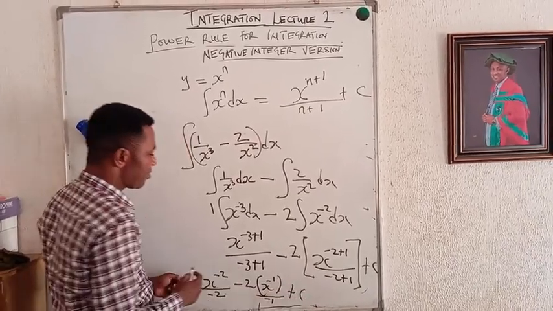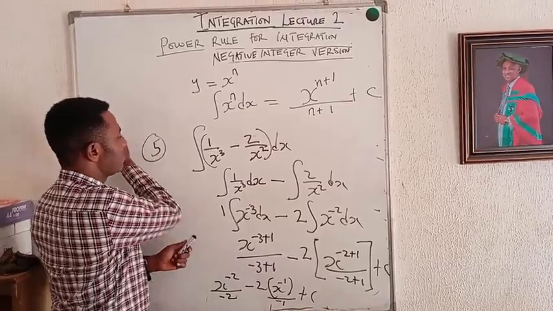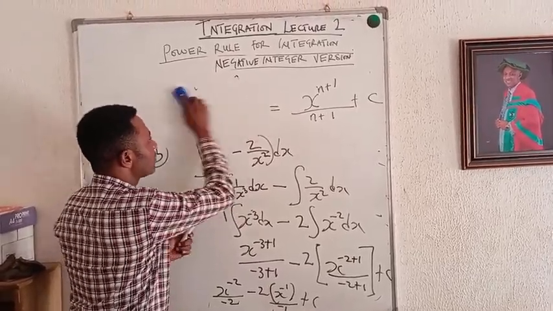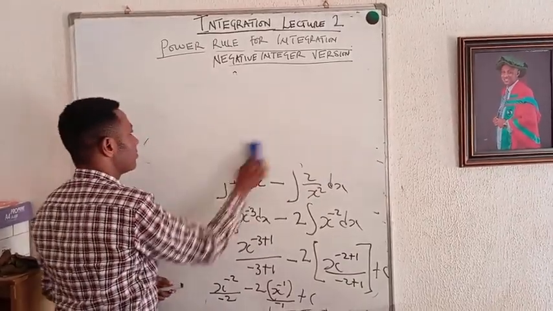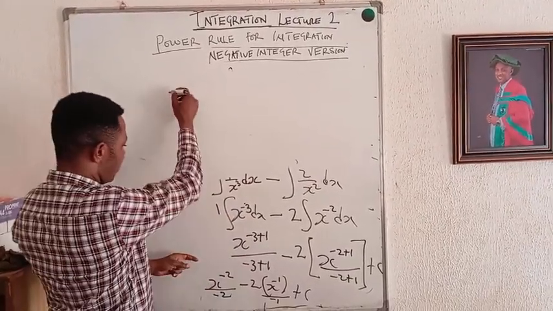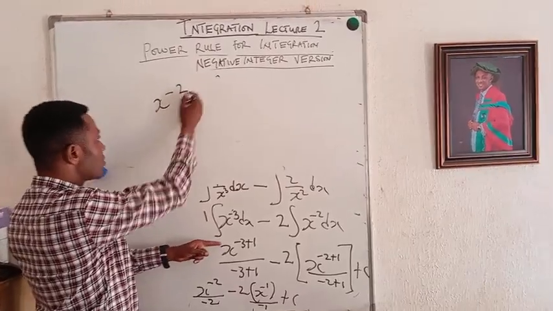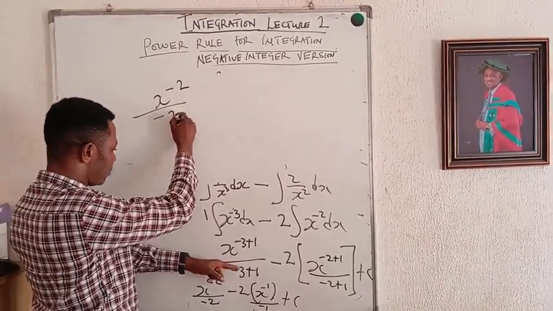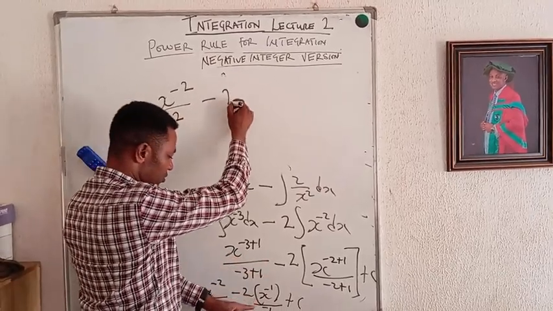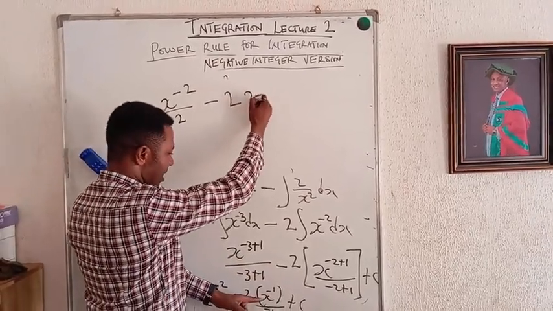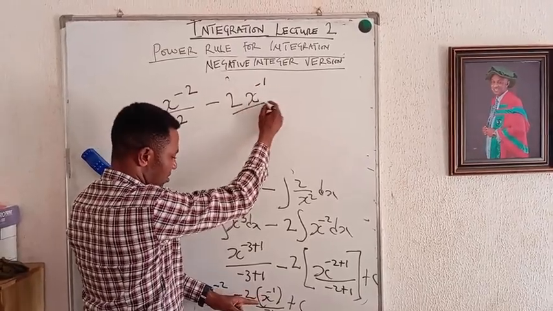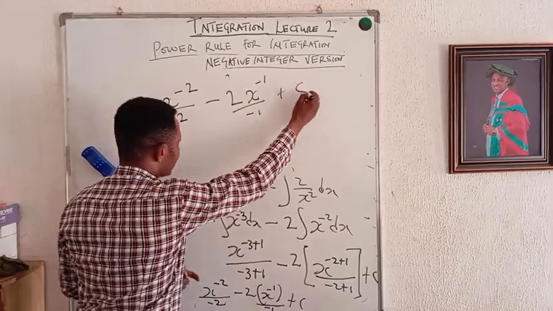And plus C. But let me bring the result up and then we are done. Now look at it. I said we have x minus 2 all over minus 2, then minus 2 times x minus 1 all over minus 1, plus C.